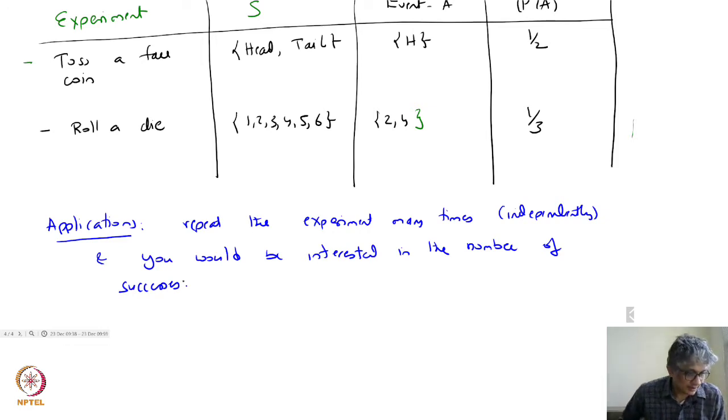If you think a little bit, this notion of repeating an experiment many times is kind of sampling from a large population.